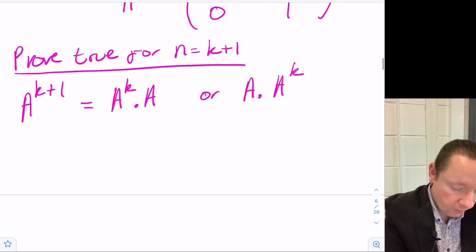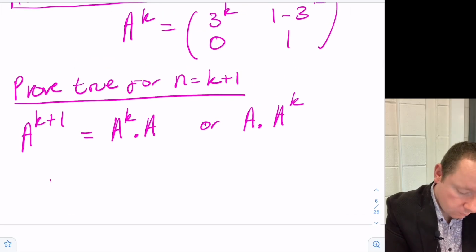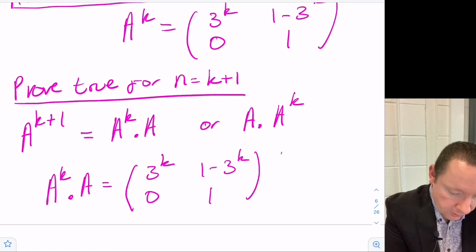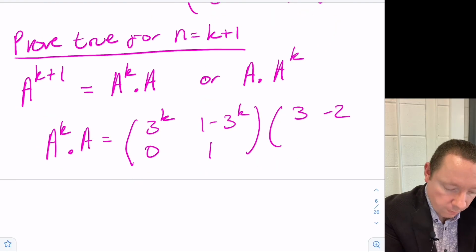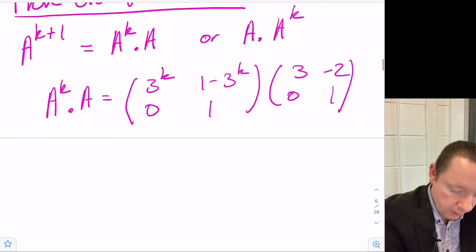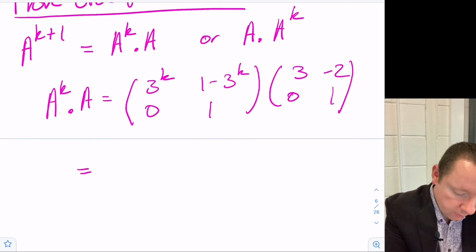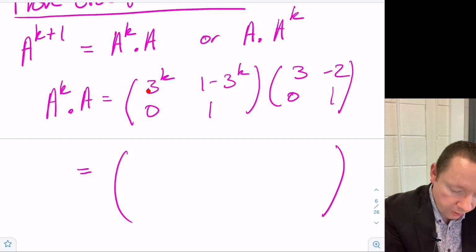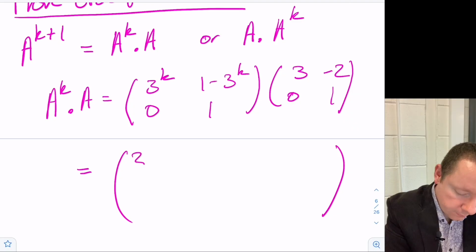So A to the power of k times A, we already know what A to the power of k is, we've just worked out that that's 3 to the k, 1 minus 3 to the k, 0, 1. And we already know what A is, that's 3 minus 2, 0 and 1. So matrix multiplication, let's just give ourselves a nice big matrix. So we've got 3 to the k times 3, and we've got this times 0, which is 0.